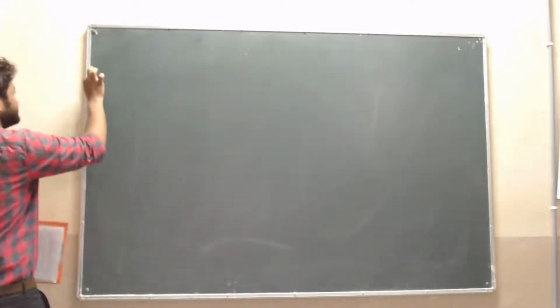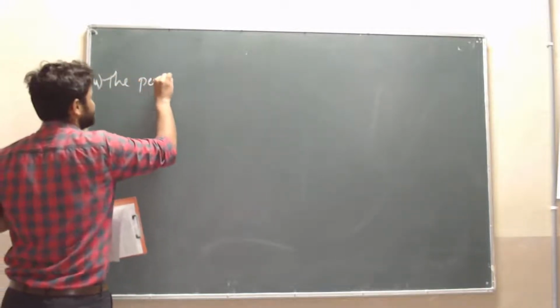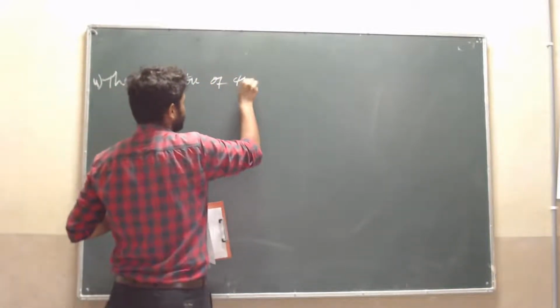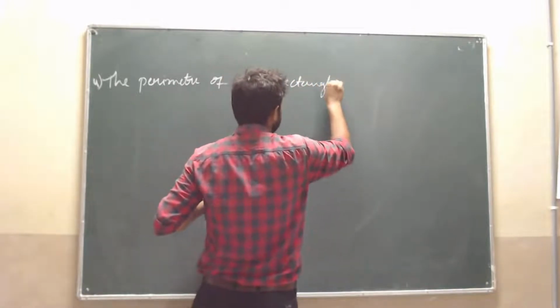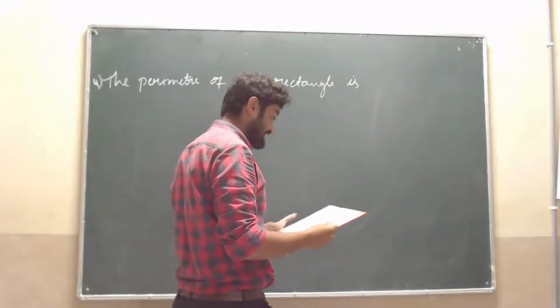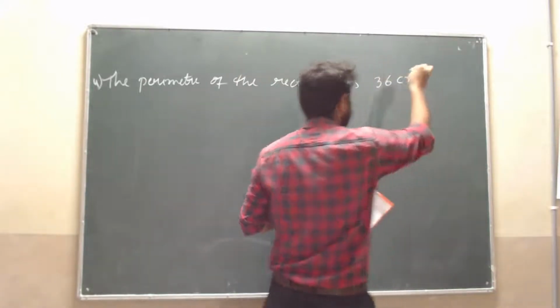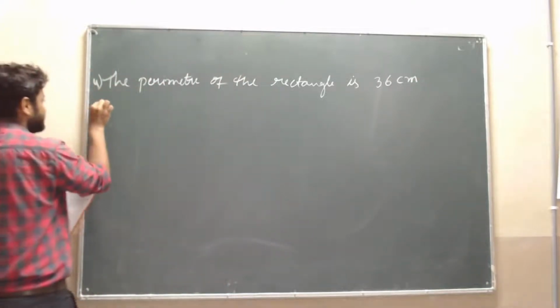The perimeter of the rectangle is 36 centimeter, and its length is 5 centimeter.